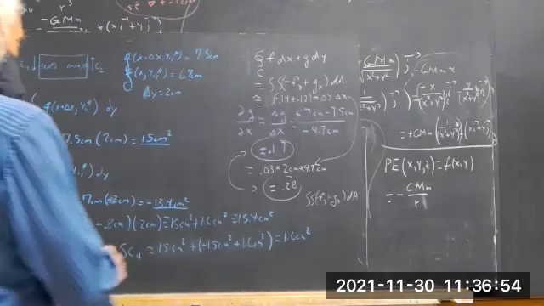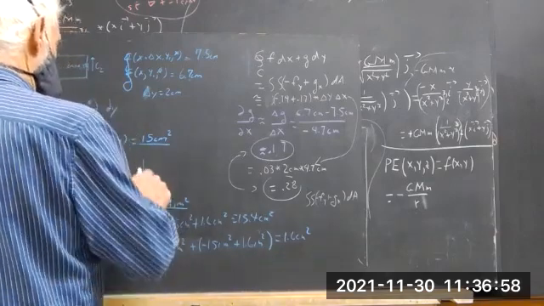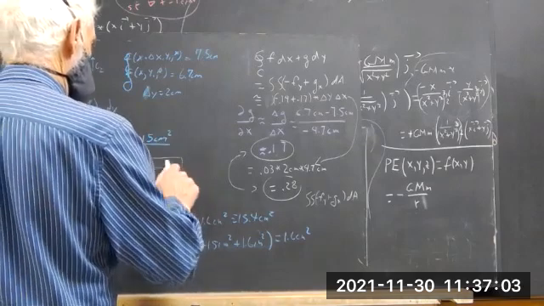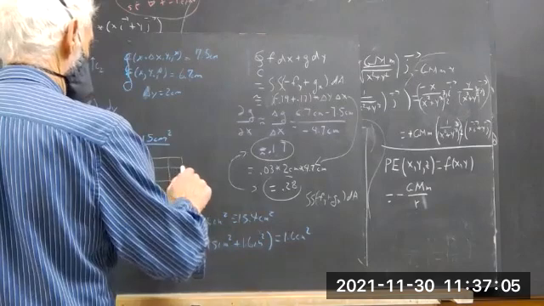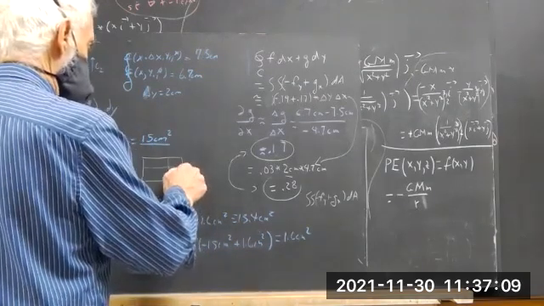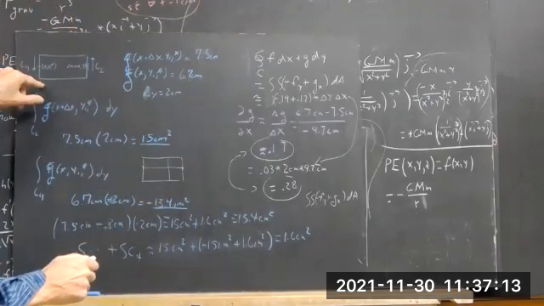Now let me clarify something I said previously. I said you have a line here and a line here. So here are your sample points for the line integrals, right?